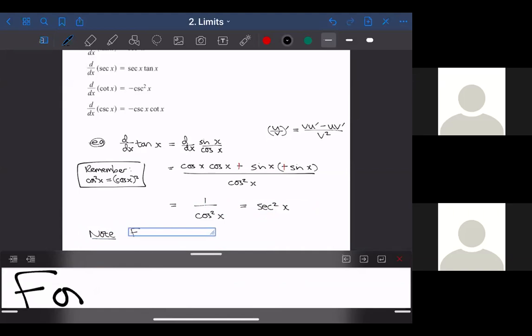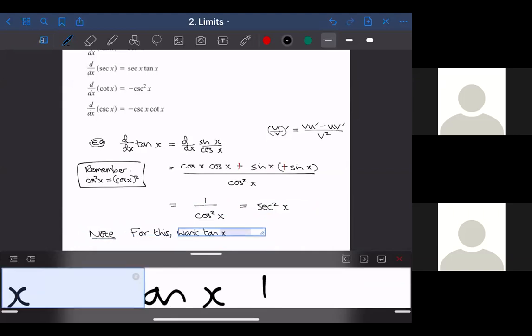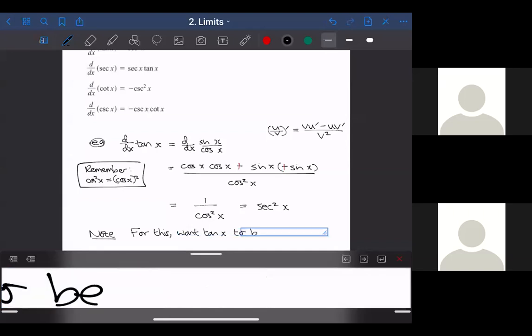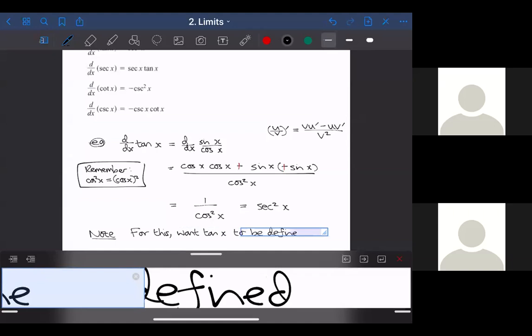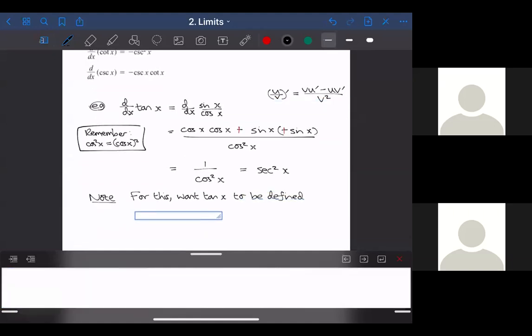For this, we want tan x to be defined, and that's equivalent to cos x being non-zero.